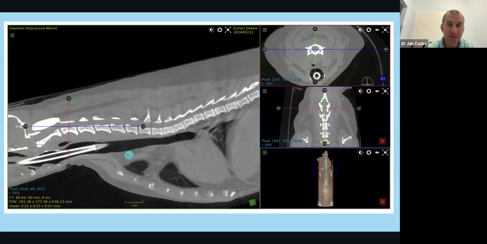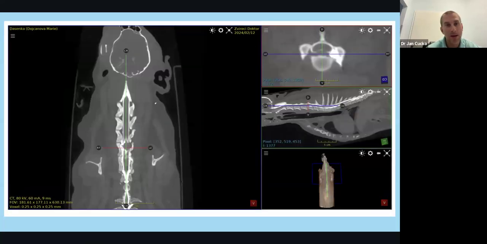So after native CT, we performed myelo, and what changes can we see here. This is the first view at the bottom of the channel, and you can see a big hole in the myelo.